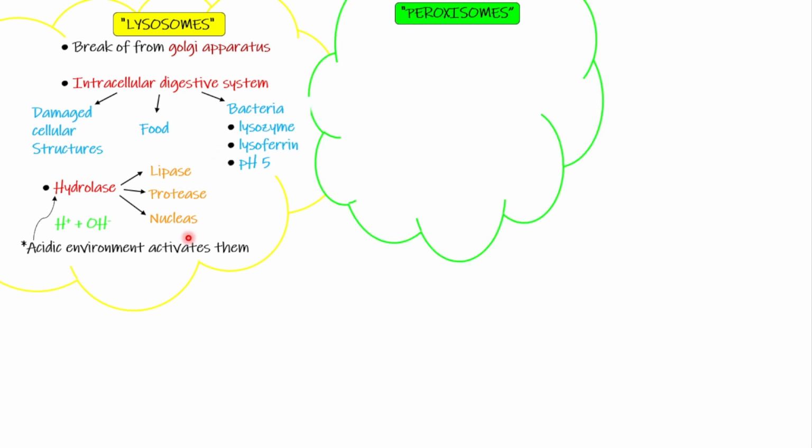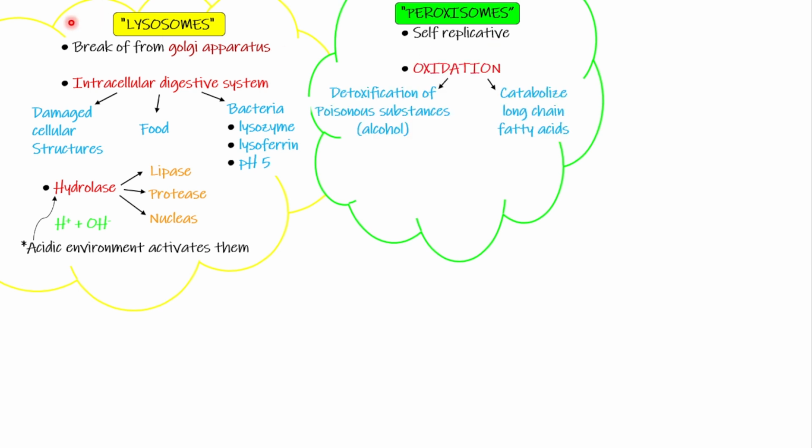Then we have peroxisomes. Peroxisomes are similar to lysosomes. Now, lysosomes are produced from the Golgi apparatus, whereas peroxisomes are basically self-replicative. Lysosomes perform breakdown by hydrolases, whereas peroxisomes, as their name says, oxysomes, oxys from oxidation, perform their breakdown function with the help of oxidation.